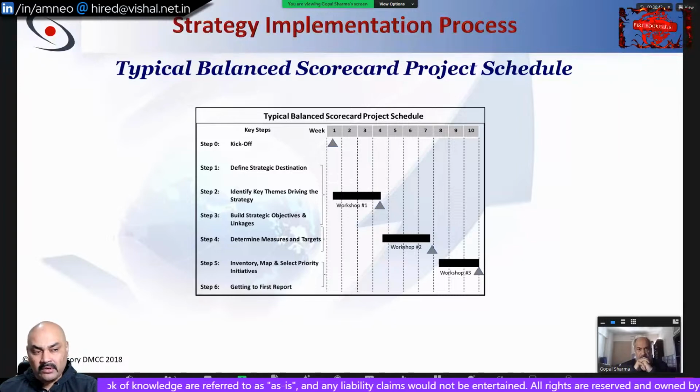No, what you're saying is correct, but that is where the art of consulting comes into the picture. The consultant needs to operate in such a way that the employees don't feel threatened. This is where the consultant plays a major role.